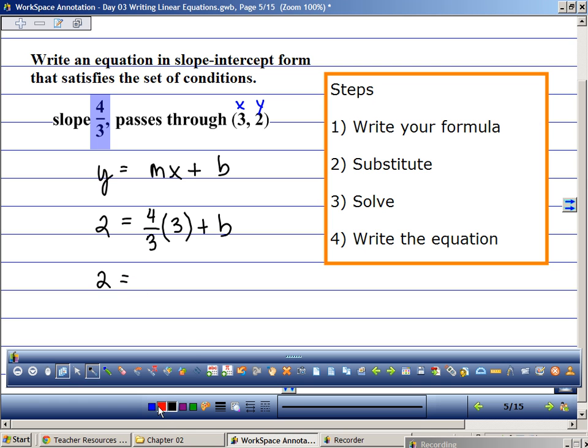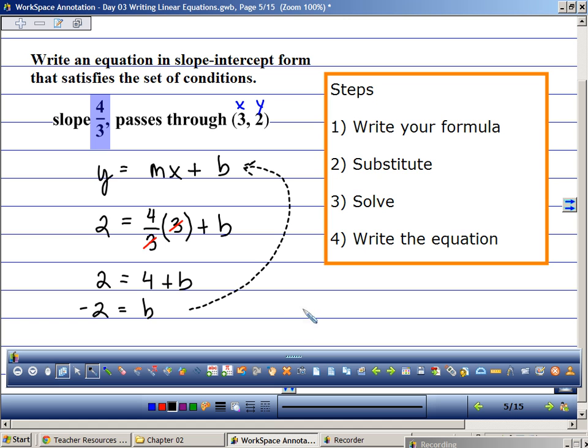2 equals, these cancel each other out, and I get 4 plus b. So b equals -2. Now I'm going to use this and insert it back into my original equation.